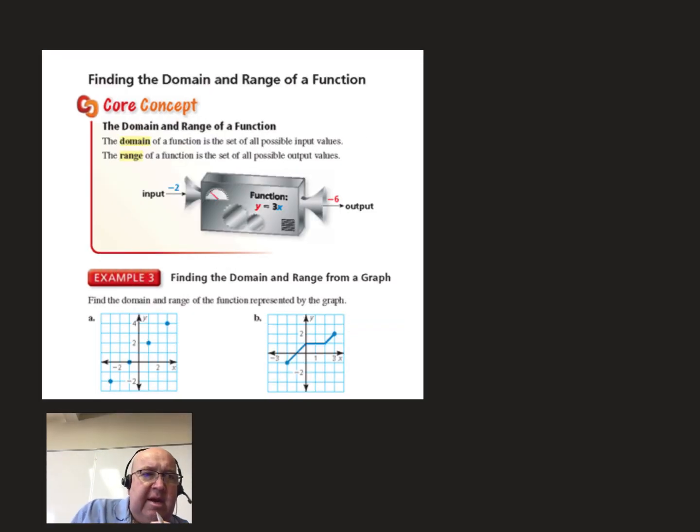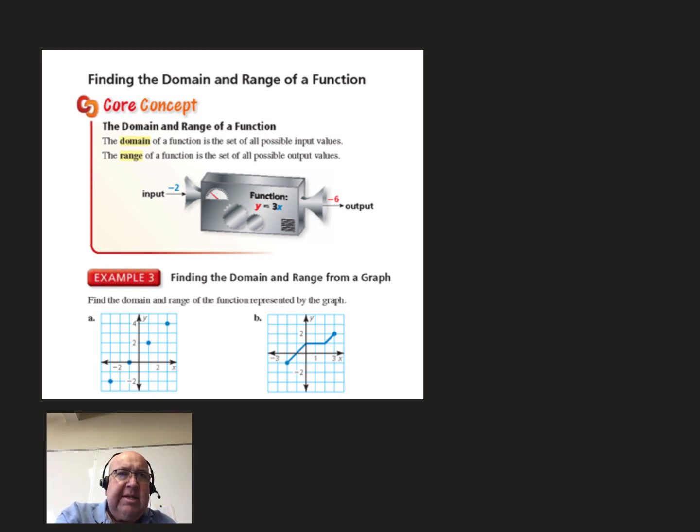Okay. So here we're looking at what is called the domain and the range of a function. So the domain is all of the possible input values. The range is all of the possible output values. So we see that we have a function here defined as y equals 3 times x.